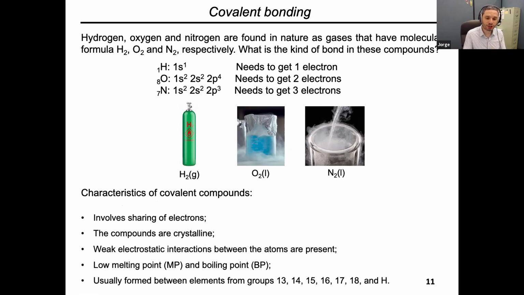Because we are not forming charges, there is weak interaction between the atoms present that reflects in low melting point and low boiling point. Covalent compounds are usually formed between elements from groups 13, 14, 15, 16, 17, 18, and hydrogen. Okay, so elements from groups that need to get electrons to achieve stability.